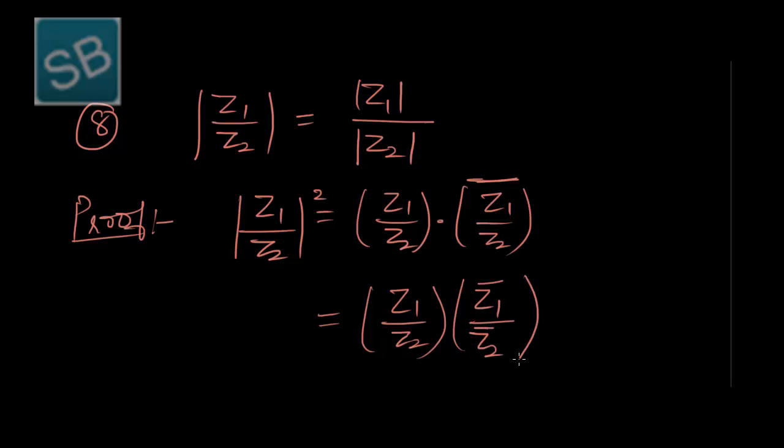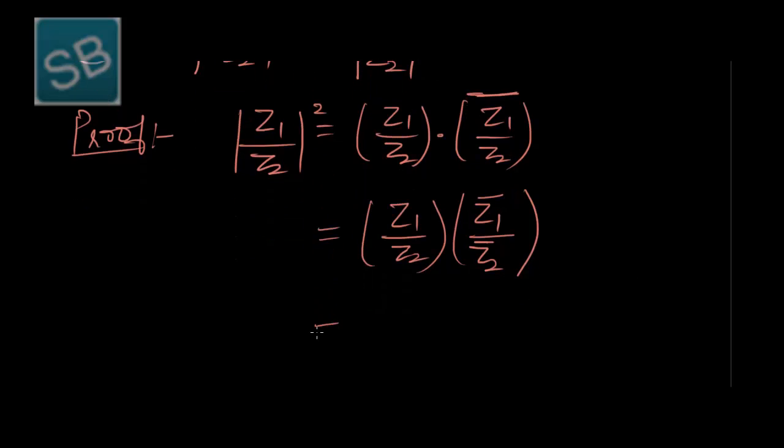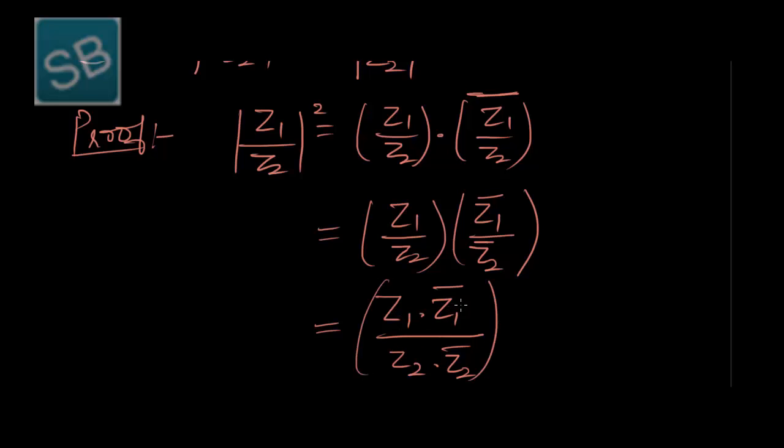This is the property of the conjugate of a complex number. Now taking z1 into z1 bar over z2 into z2 bar, as we know that z into z bar is equal to mod z square, it becomes mod z1 square over mod z2 square.